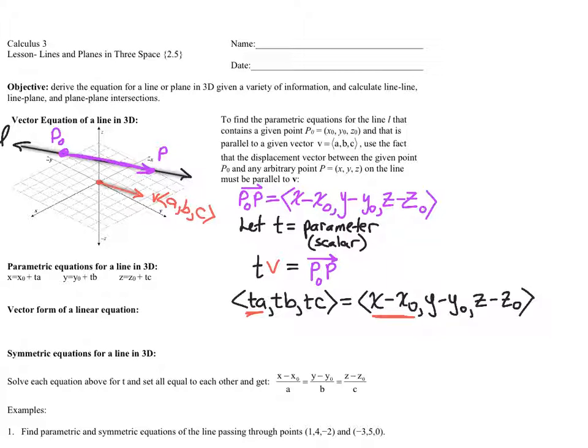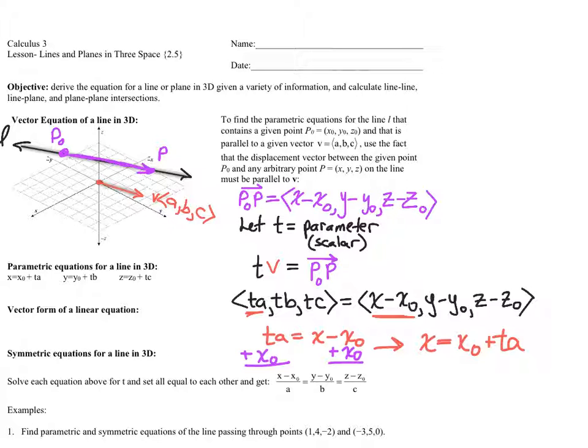So I can make a little note here. I won't take you through each of them, but I'll just show you this case. TA would be equal to x minus x sub o. If I add x sub o to both sides, that's going to give me, as a result, x equals x sub o plus TA, which is actually my first rule.